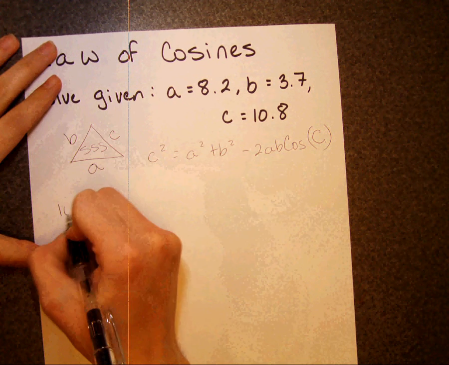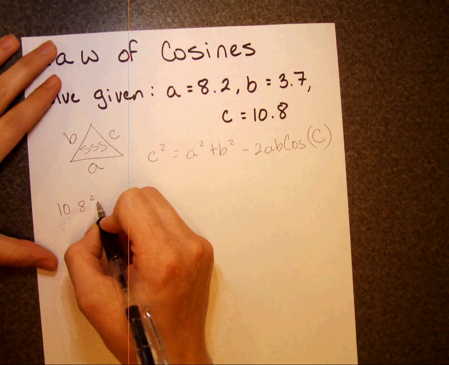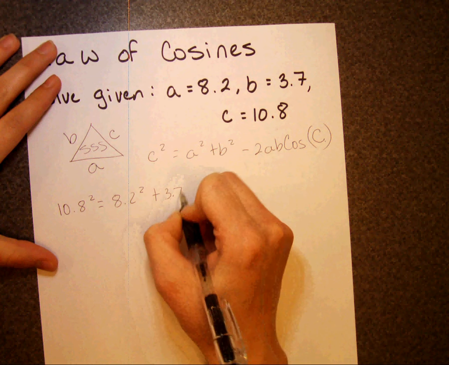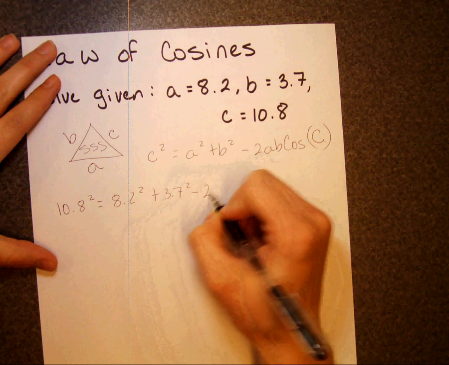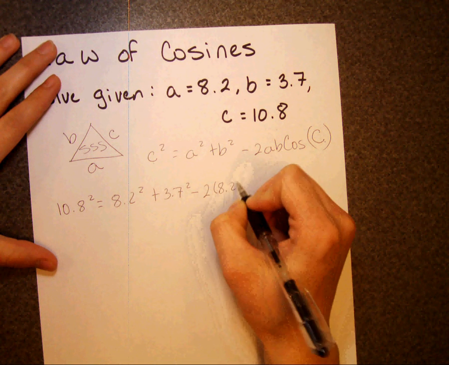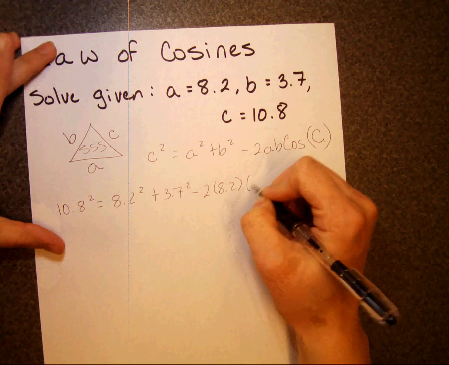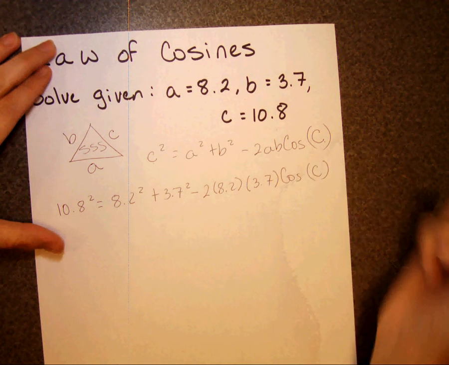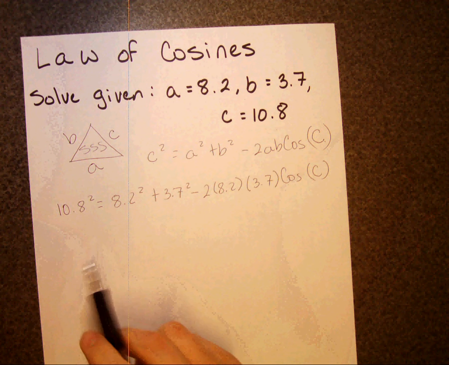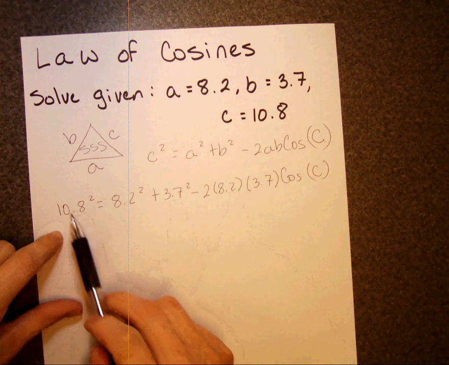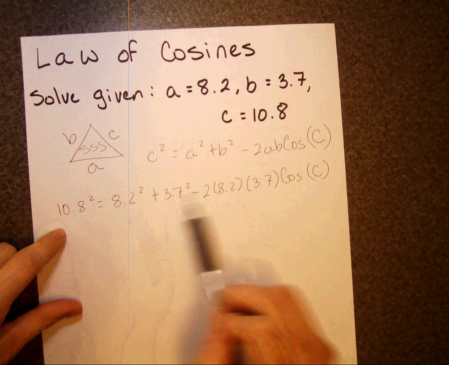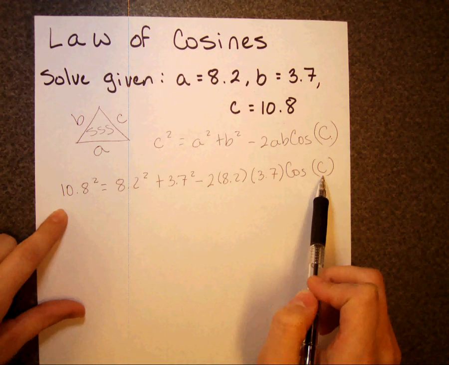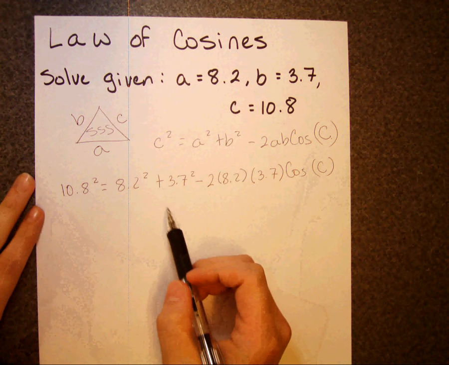Let's plug all my values in. So 10.8 squared equals 8.2 squared plus 3.7 squared minus 2 times 8.2 times 3.7 times cosine of C. Notice this is C, this is A, this is B, A, B, and I'm looking for angle C.